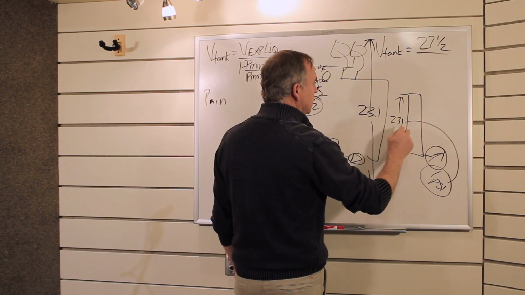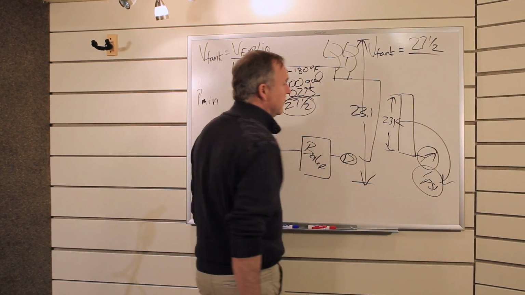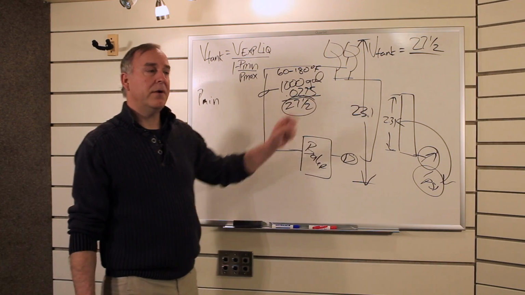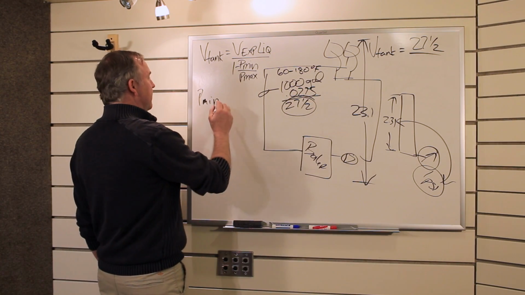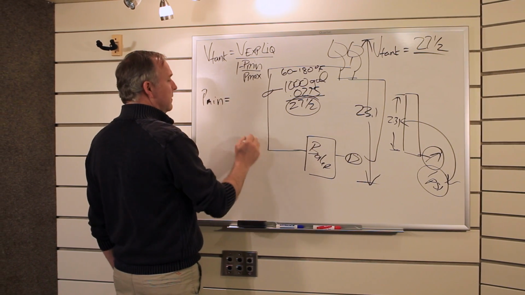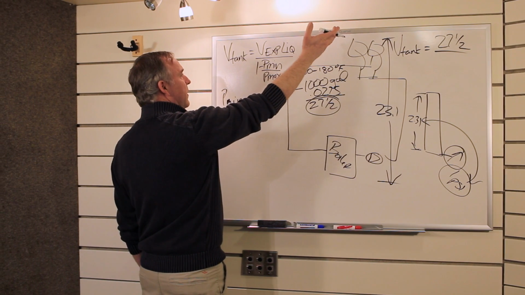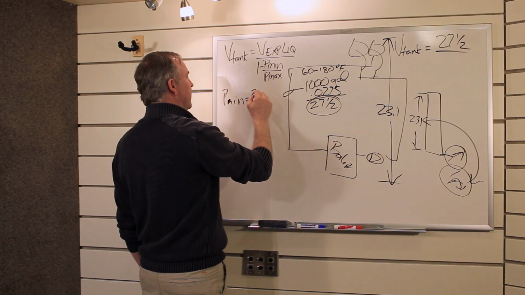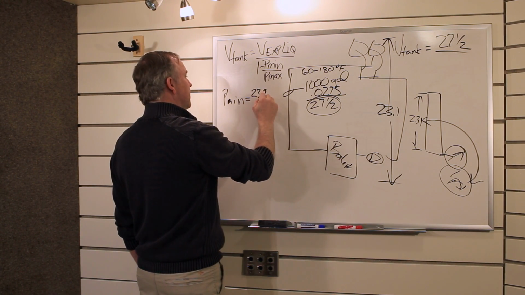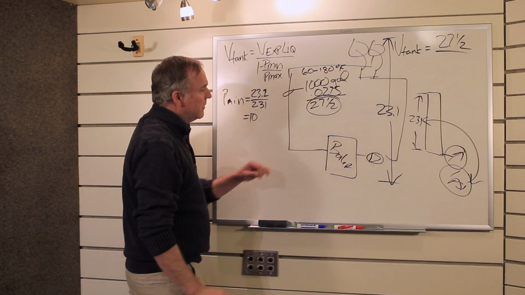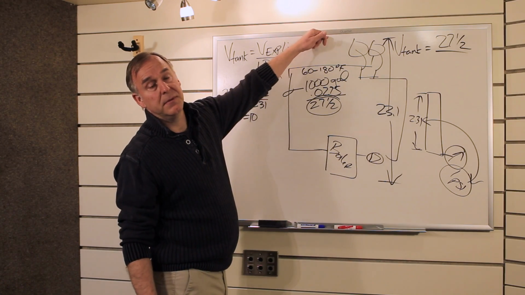So the conversion there, 1 pound is 2.31 feet of water. So if I have a 23.1 foot tall system, my P min is going to be calculated by looking at what pressure it's going to take to get water to the top of that system. So 23.1 divided by 2.31, that's going to be 10 pounds. That'll get water to the top of the system.